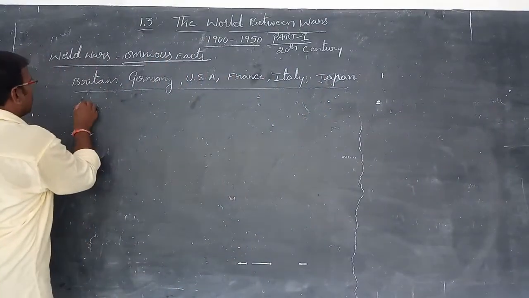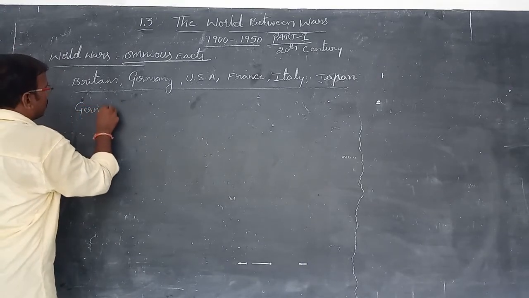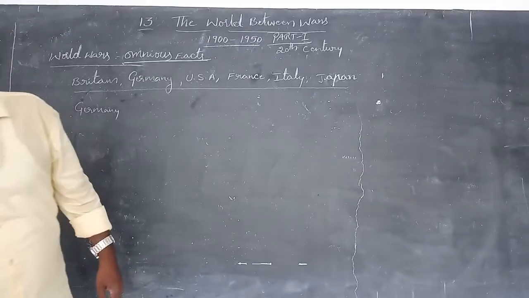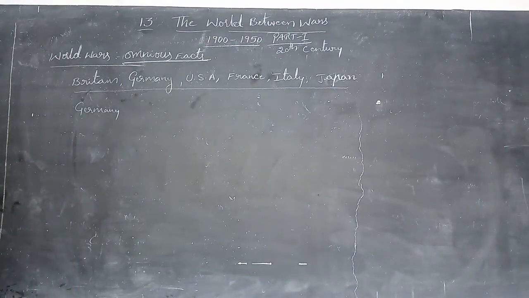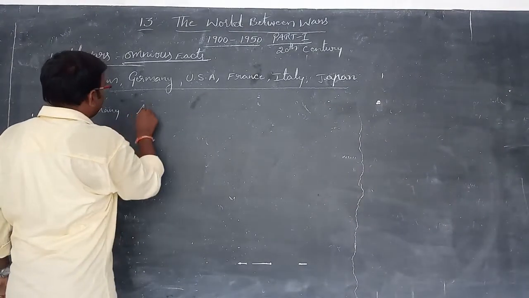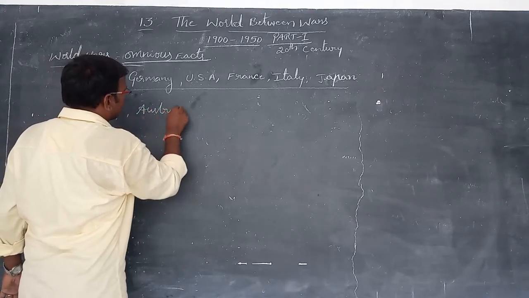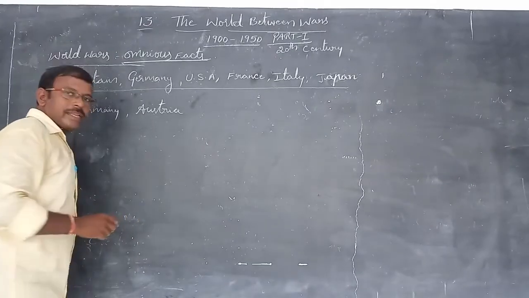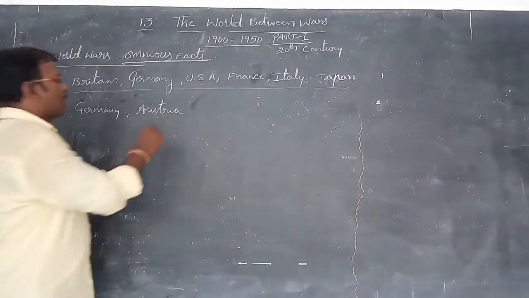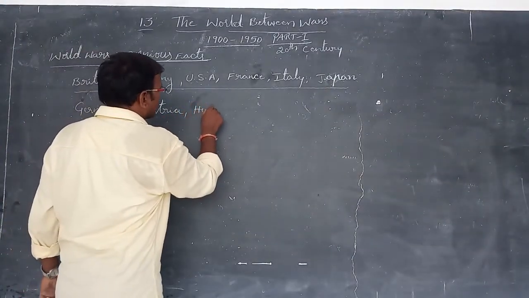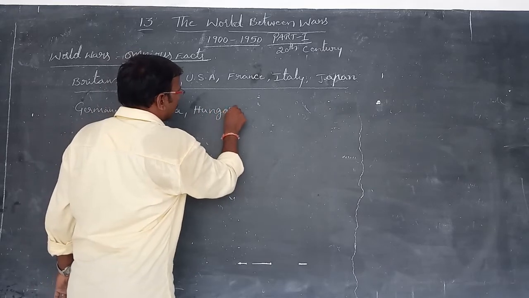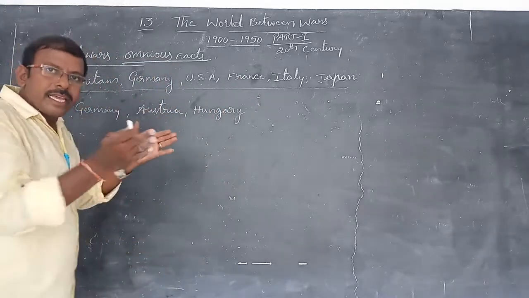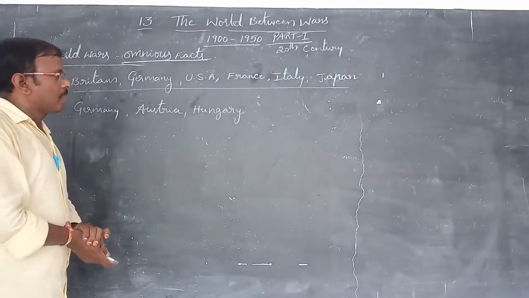If we see that, Germany, Austria, not Australia, Germany, Austria, Hungary, and some such countries formed one group.